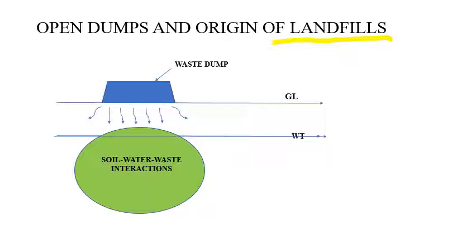Okay, so just have a look at this waste dump. If you have a waste dump like this which is open to the atmosphere, and if you want to contain it, what do you have to do? Just imagine a thick bottomed vessel, and inside the thick bottomed vessel you are going to put your waste. You will be dumping tons of waste onto it every day, and then finally you will be closing that thick bottomed vessel with a lid.